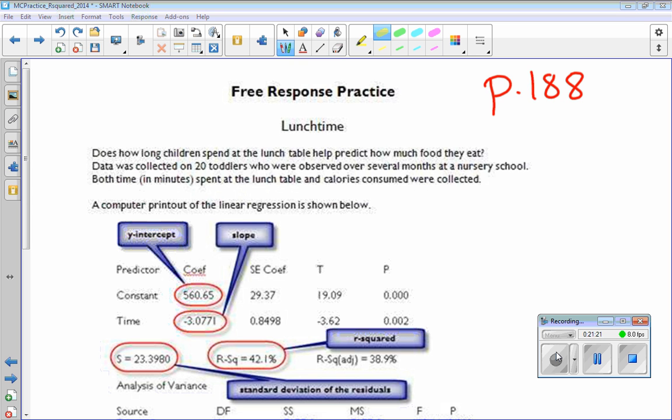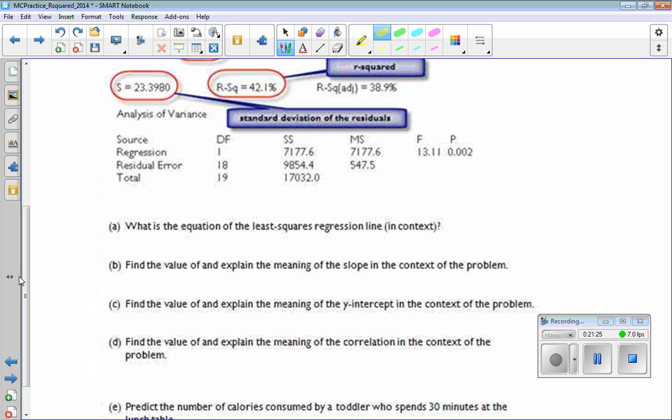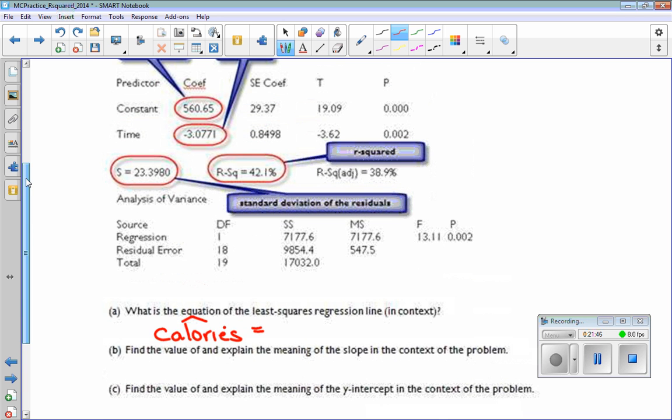So let's scroll down. You should be writing this down. What is the equation in context? So what is our y variable in this case? Calories consumed. So you want to say calories hat equals, and then we're going to plug in the numbers for the slope and the y-intercept.